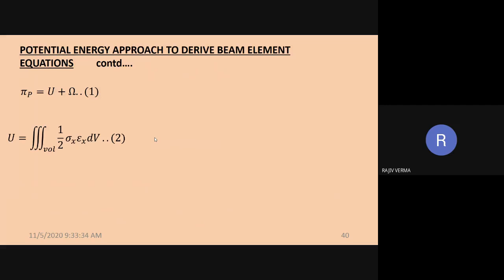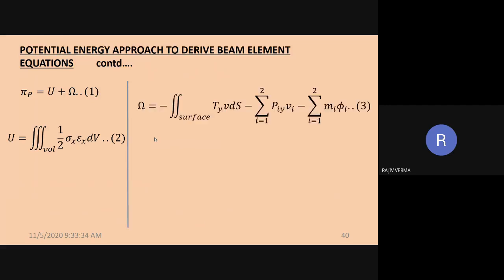Now, after we have evaluated the internal strain energy, we come to the external energy because of forces. Since there are three types of loading on the beam element, we have a surface load indicated by T, a point load indicated by P, and moments indicated by M. The work done by the surface load is evaluated by carrying out the integration over the surface area.